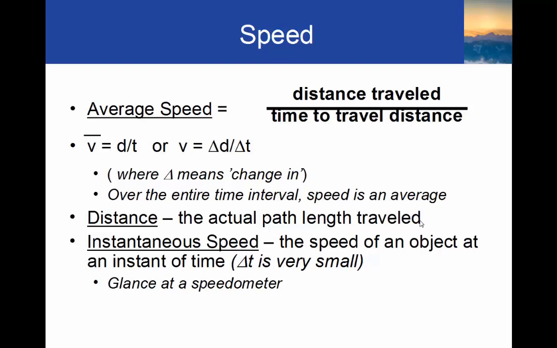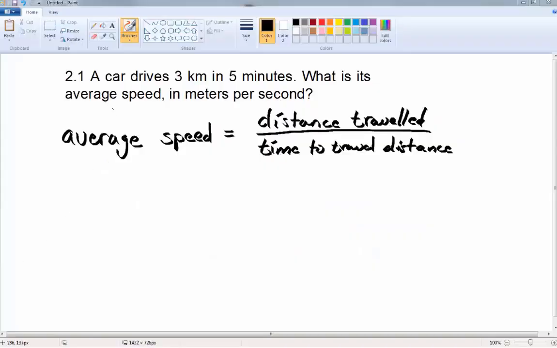In this case, we're told a specific distance, and the time we're also told. So the distance traveled is 3 kilometers, the time is 5 minutes. Our equation was average speed equals distance traveled over time to travel the distance. That's v bar equals d over t.